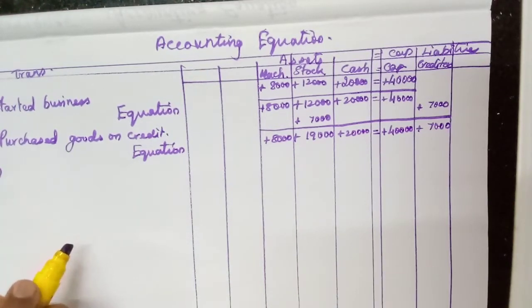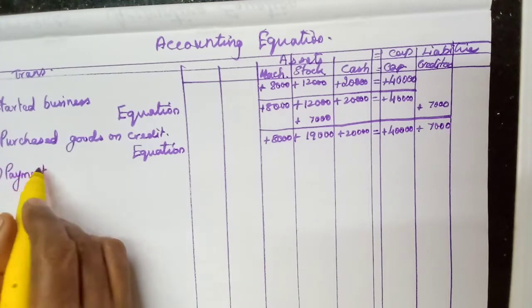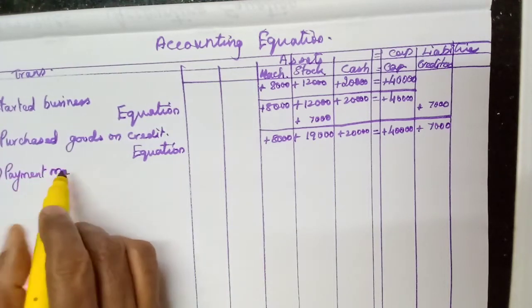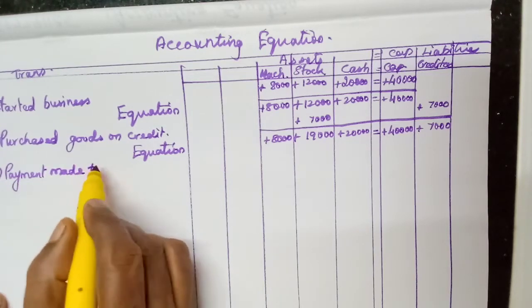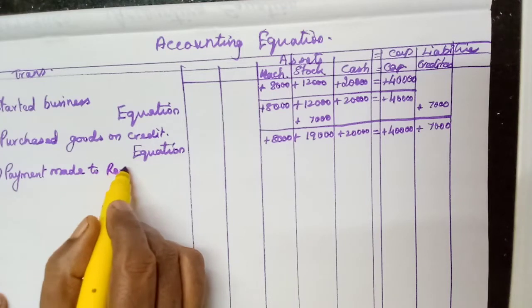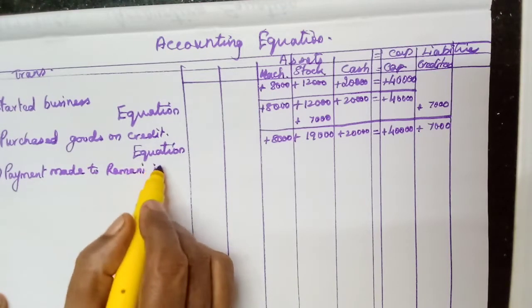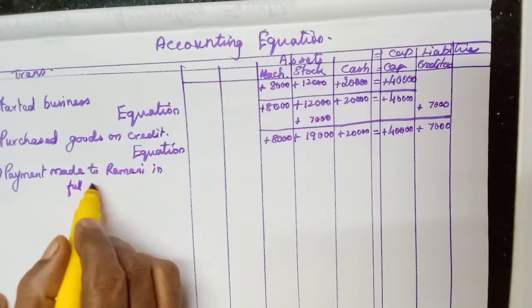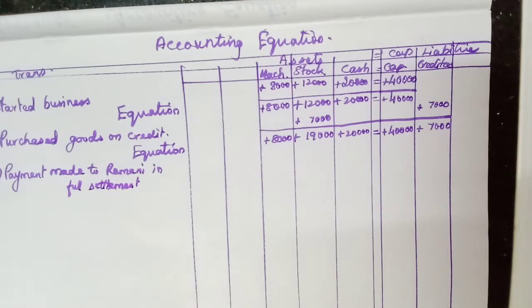Okay. Now the third transaction. Payment made to Ramani, or paid to Ramani, we can also write. The meaning should not be changed. Payment made to Ramani in full settlement. You need not write that, but you should keep in mind why it is given in full settlement.